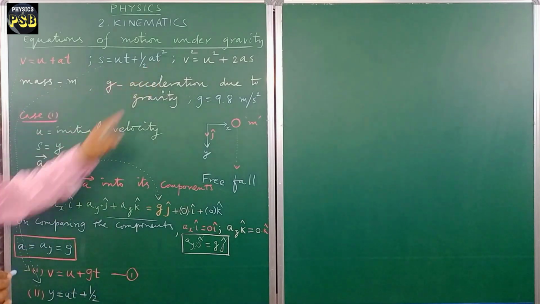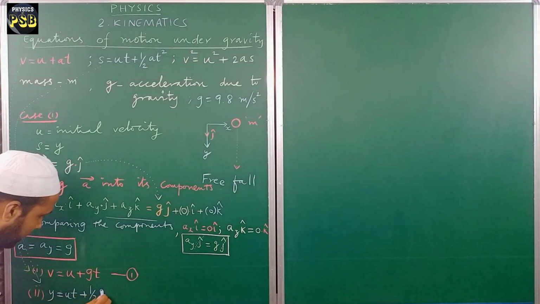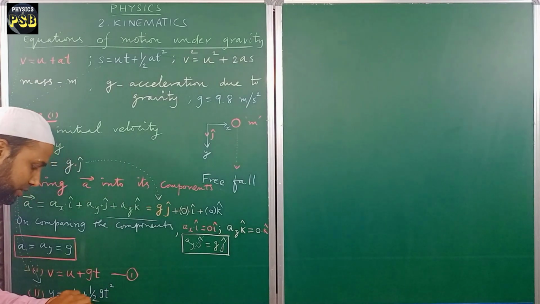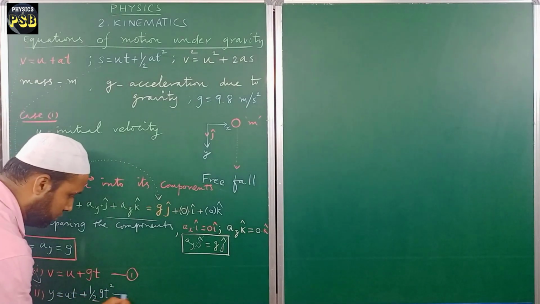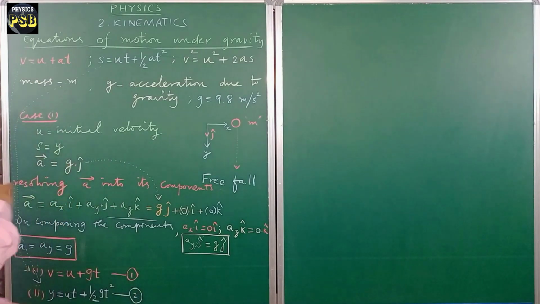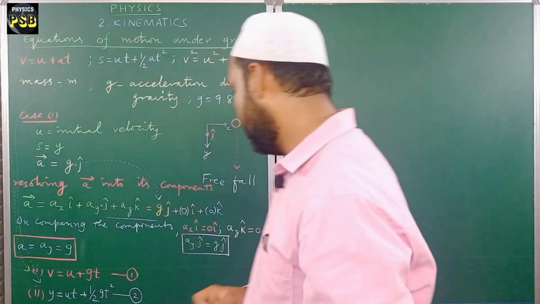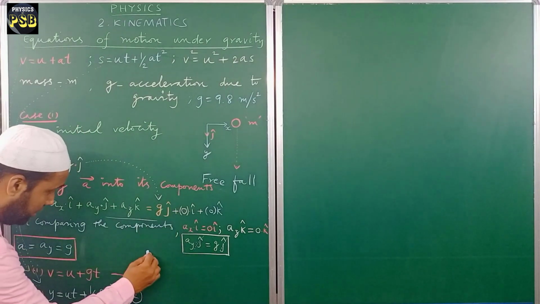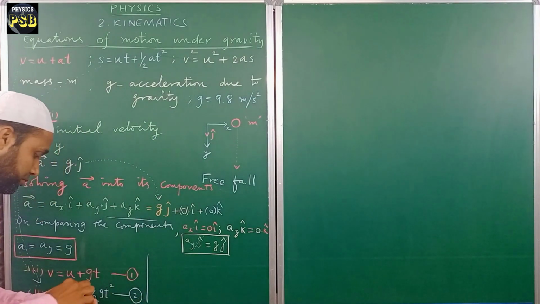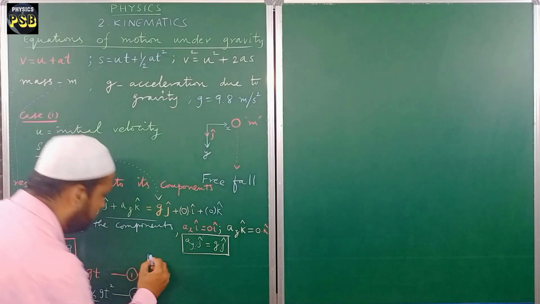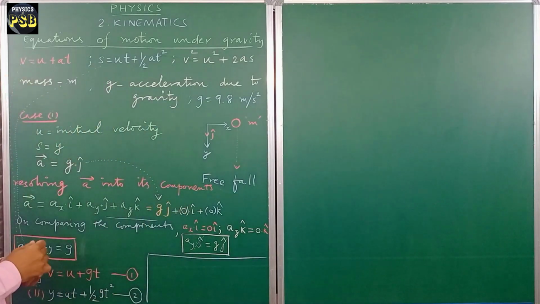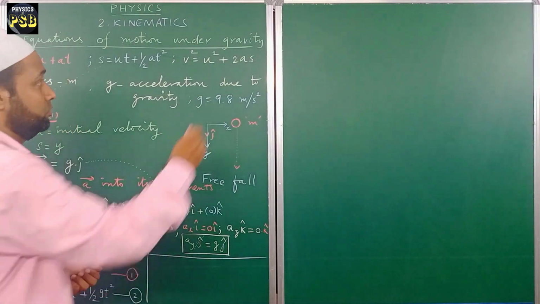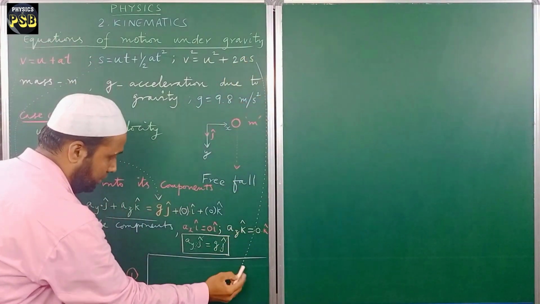In the place of a, I have to write g, t square. This I take as equation number 2. Fine. Now let me write this one here. To save the space I am doing so. Now this one here.